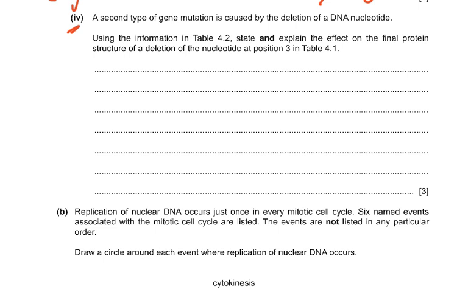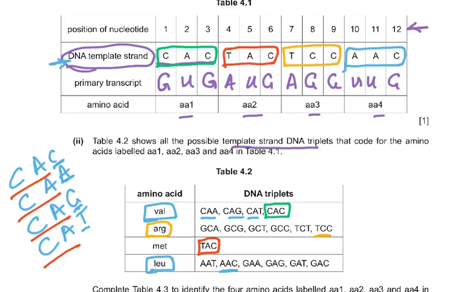Mutation is caused by the deletion of a DNA nucleotide. Using the information on table 4.2, state and explain the effect on the final protein structure of a deletion of the nucleotide at position 3 in table 4.1. Now let's look at that. At position 3 here, if there is a deletion, what will happen?